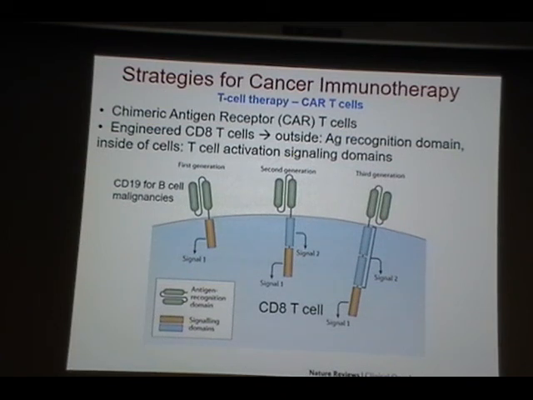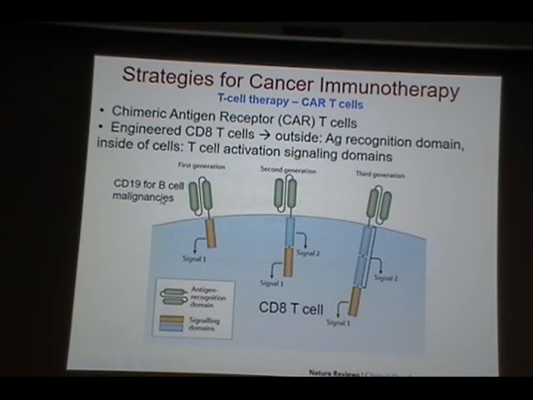You take T cells out and engineer them, so those T cells produce an antigen recognition site on the surface of the cells. And then inside the engineered cells, you have T cell activation signal peptides, and then eventually you can activate the T cells.